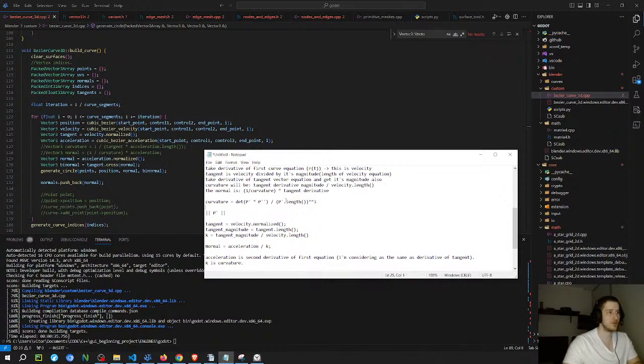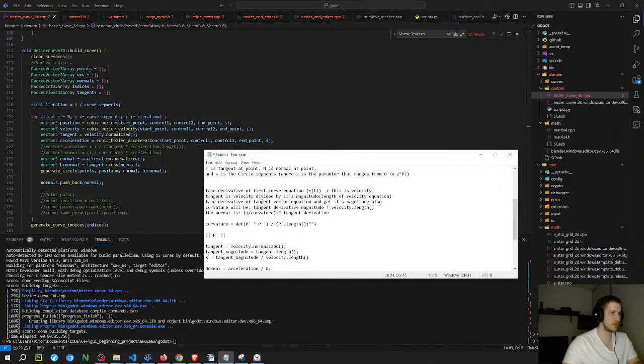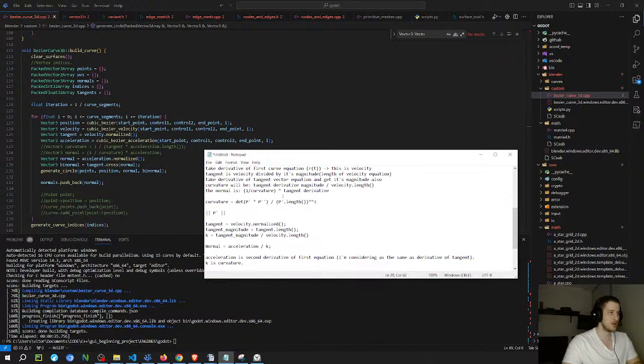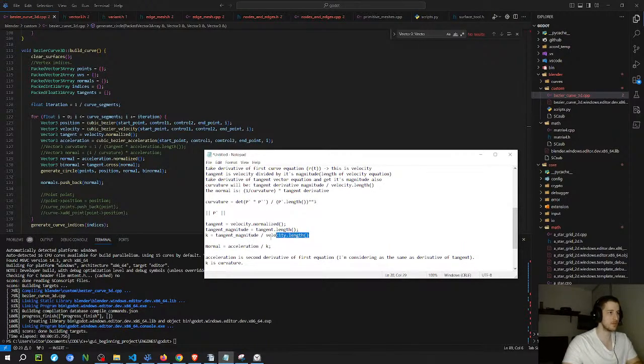So it's the magnitude of the first derivative to the power of 3. But on the videos there, the curvature is based... So this is the part that is kind of confusing, because in one video he defines the normal in relation to the curvature, which would be... I wrote down here and here, but it's basically the same thing.